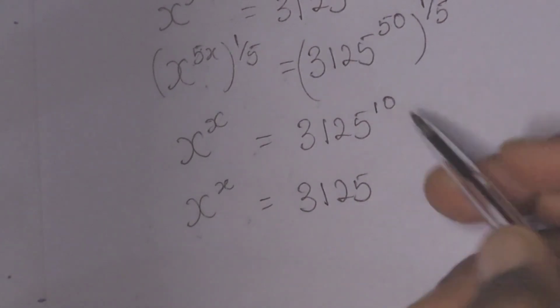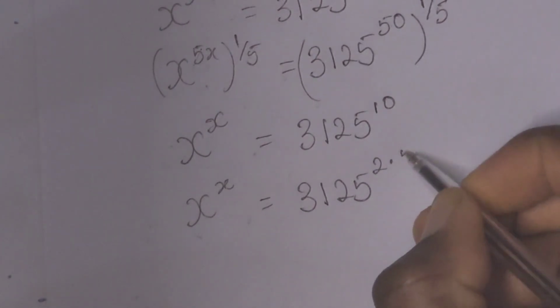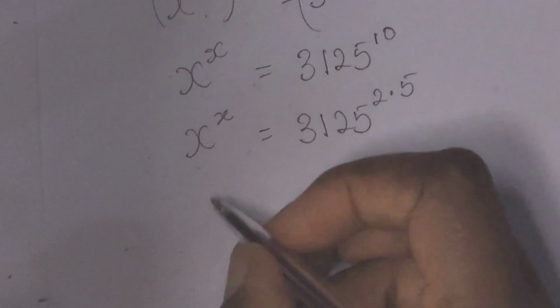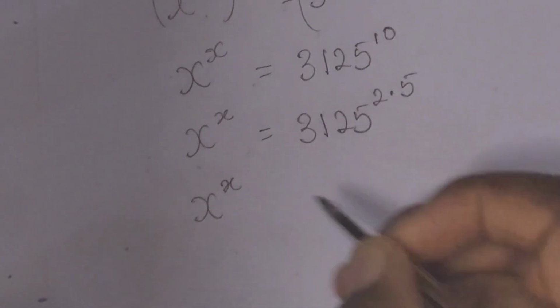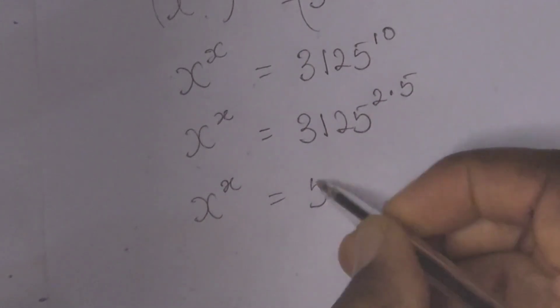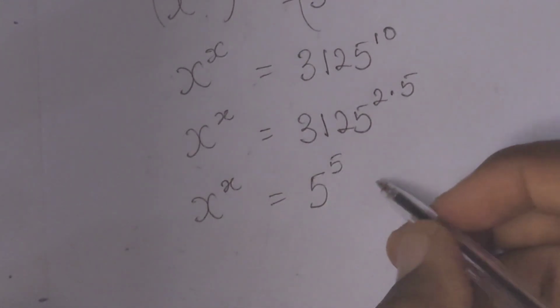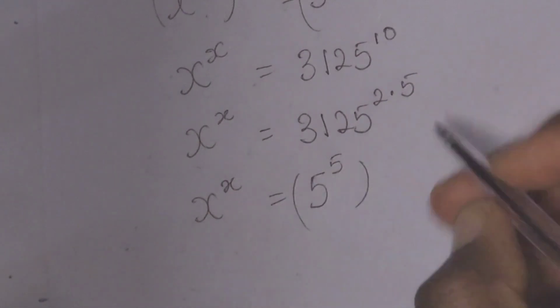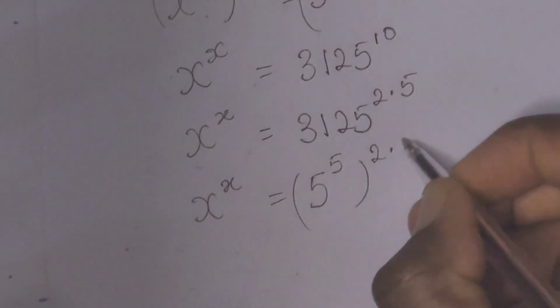So we have x to the power of x, all equal to 3125. This 10 can be written as 2 times 5. So we have x to the power of x, all equal to 3125, which is the same as 5 to the power of 5, further raised to the power of 2 times 5.